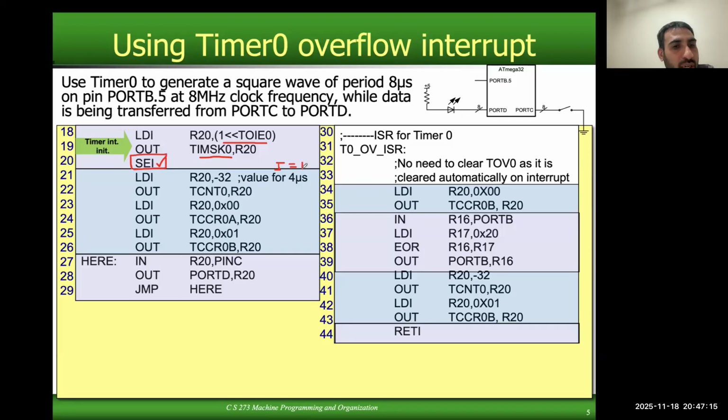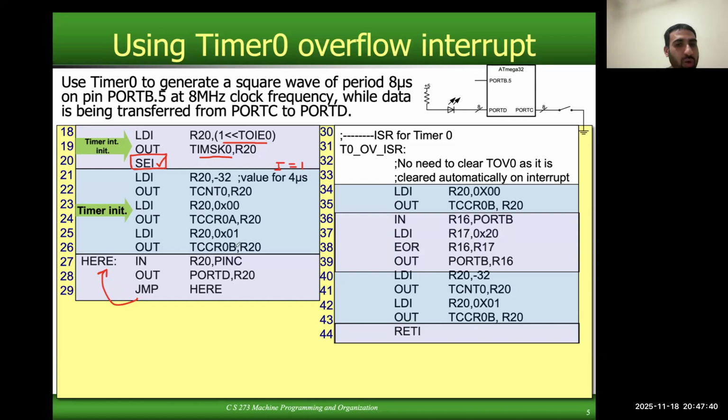Now your interrupts are enabled, and we are done with timer initialization. We have enabled the interrupts, and then we are executing an infinite loop, right? Here you can do something else; this loop represents that you are doing something else and you are not monitoring your overflow flag continuously.